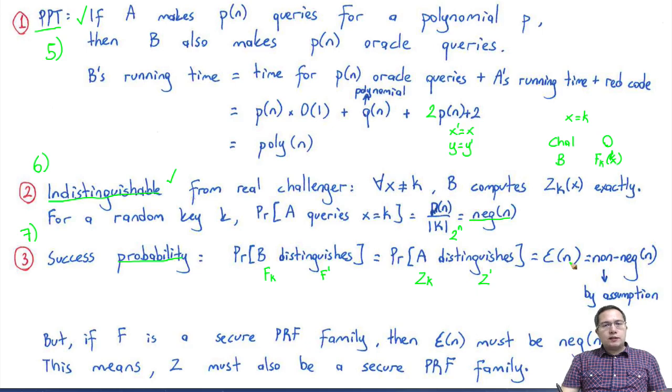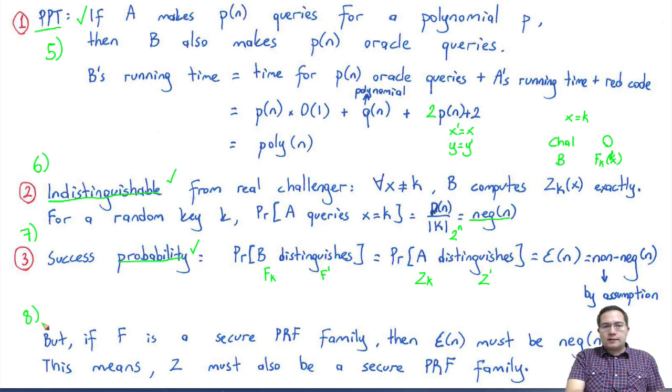Remember, by definition, this is some non-negligible epsilon. This is the assumption that such an A exists that breaks Z. Breaking Z means distinguishing these with some non-negligible advantage. Now that we showed that B distinguishes with non-negligible advantage if A does so, we are done.